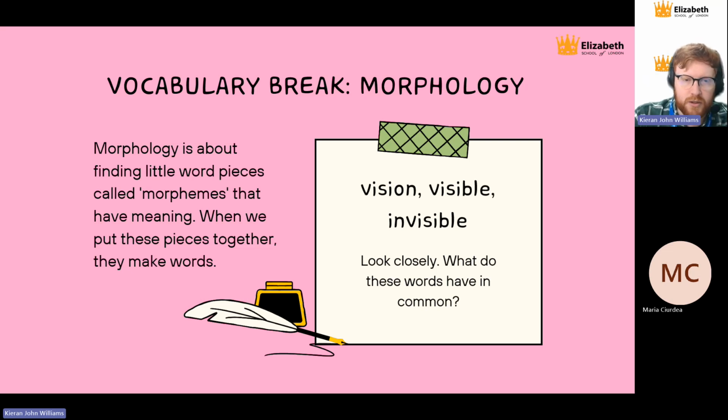So vision is connected to your eye. Visible means that you can see something, and invisible means the opposite, that you cannot see something. So they are all connected together by the same concept. They all have the same spelling. So it becomes a lot easier if you remember that rule in future. Okay, good.